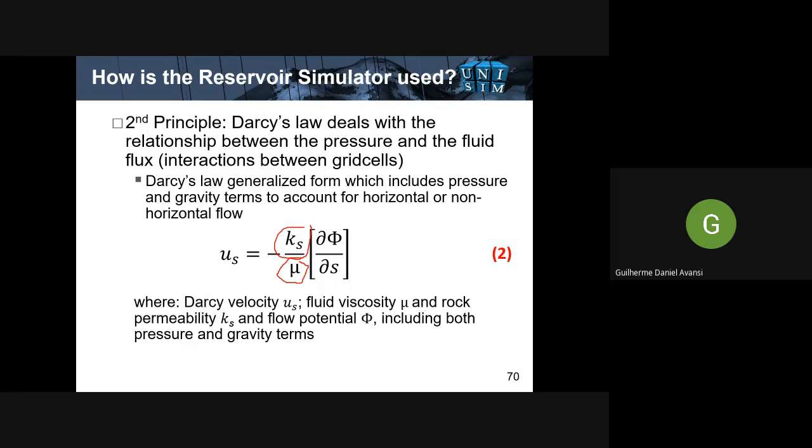And this x here is just the direction that we are talking about. We are talking about the x direction, the y, or the z direction. So this is the second principle, Darcy law. So we are moving the fluid between the grid cells. So we need to check how we can deal with the pressure and the fluid flux, right?